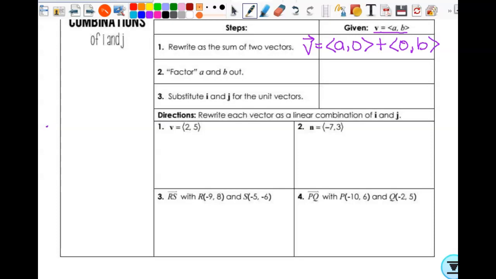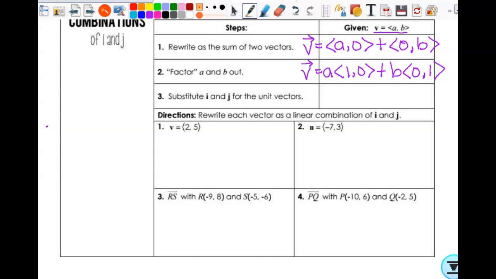The next thing we're going to do is factor out a and b. So vector v is equal to a times 1 comma 0 plus b times 0 comma 1. If I were to go backwards and multiply the a and the b back in, I'd end up back at step 1, and then I can add those and end up back at the original, right?